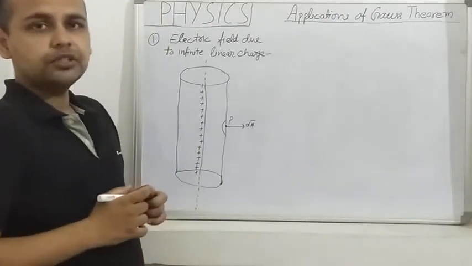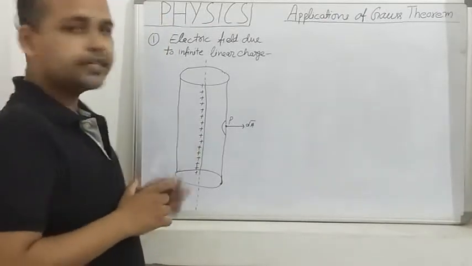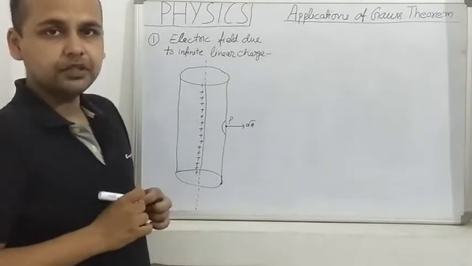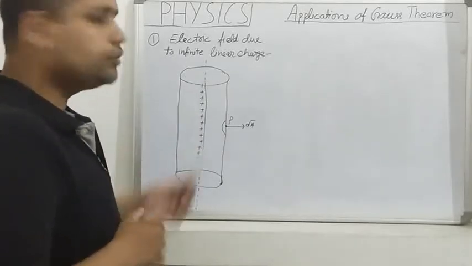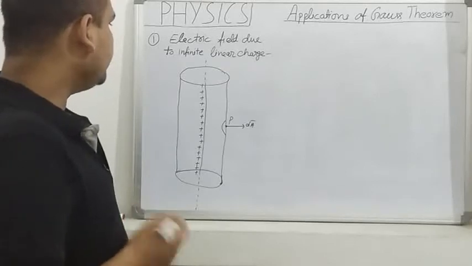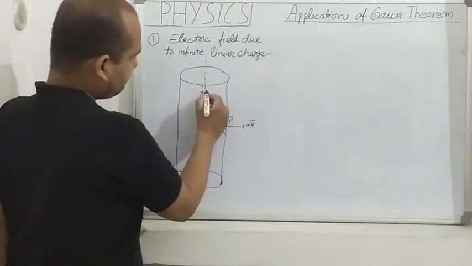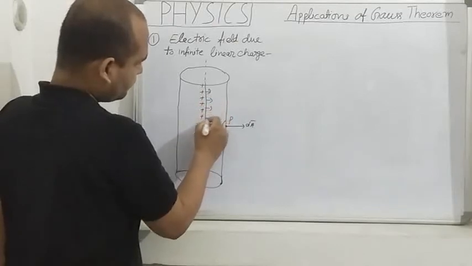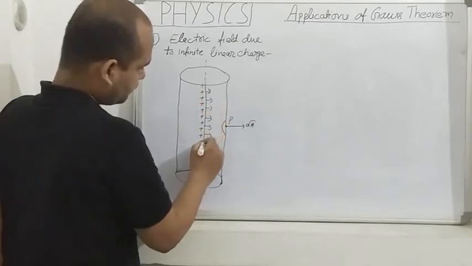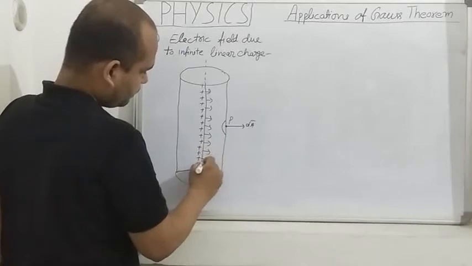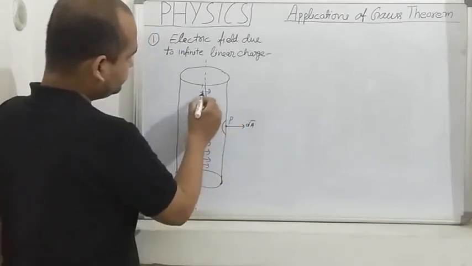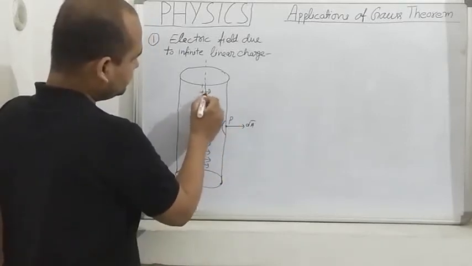Now let us talk about the electric field in this case. The electric field due to line charge will be like this, on both sides you can see.